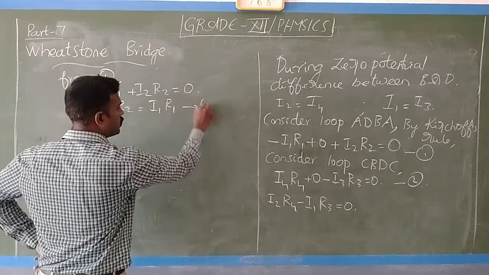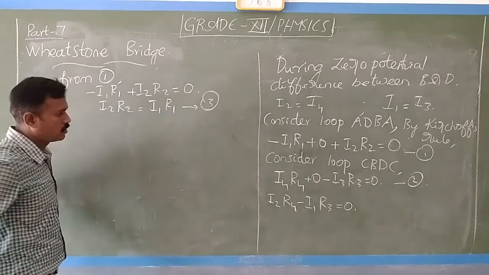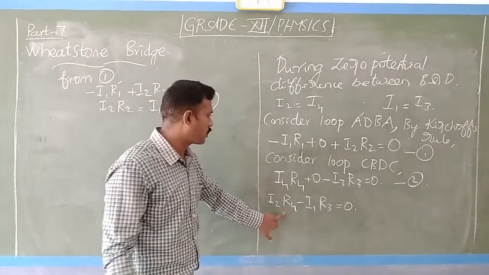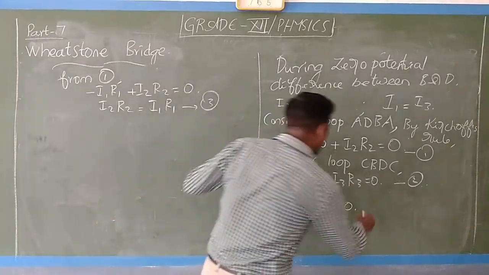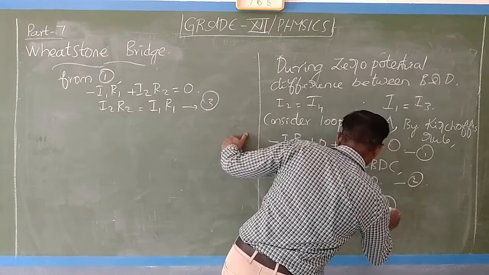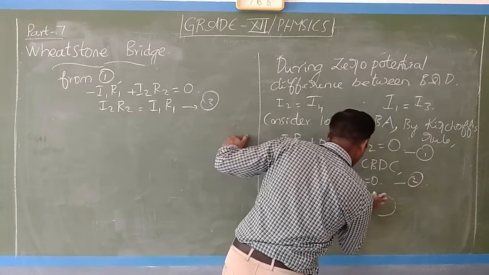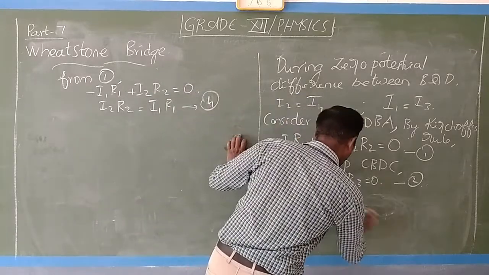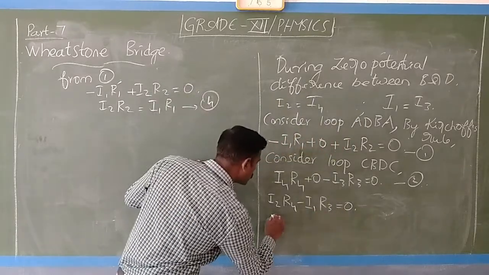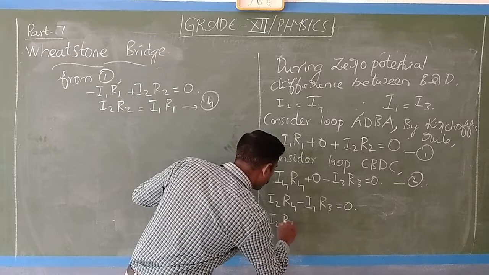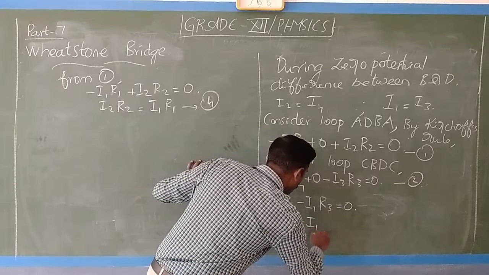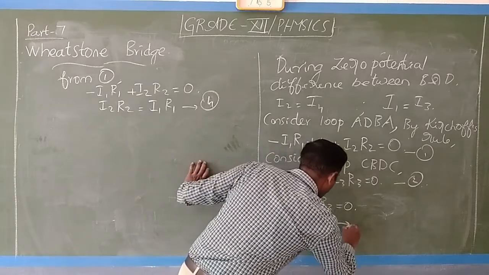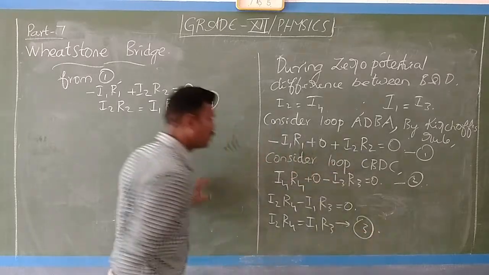So this is the third equation. And I can write the other as the fourth equation: I2 R4 equal to I1 R3.